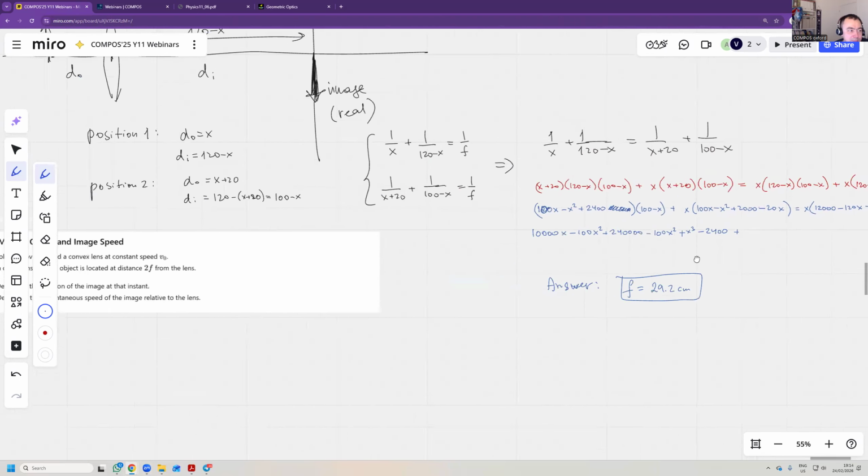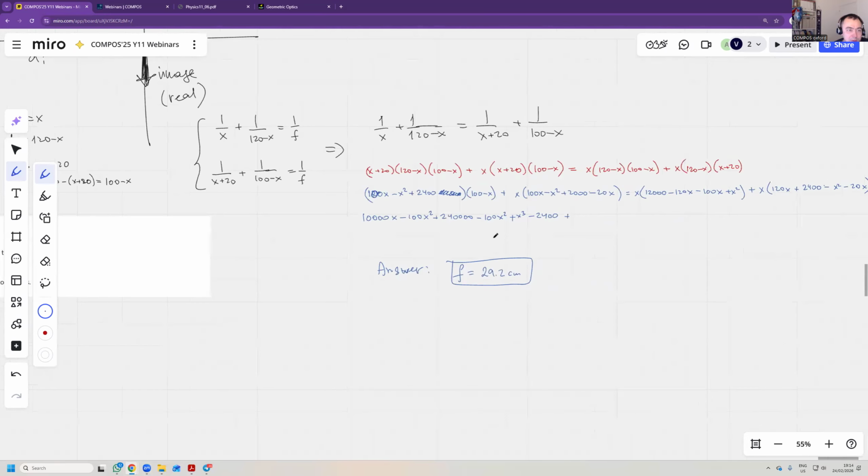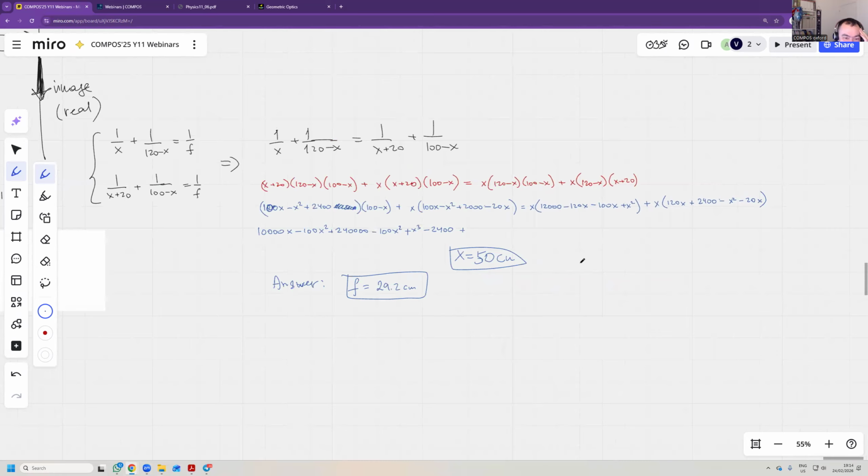x is 50. Okay, so it's solved. ChatGPT actually solved it, and it says x is 50. So hopefully f can be solved. And let's see, f: 1/50 plus 1/70 equals 1/f. So f is 50 times 70 divided by 120.